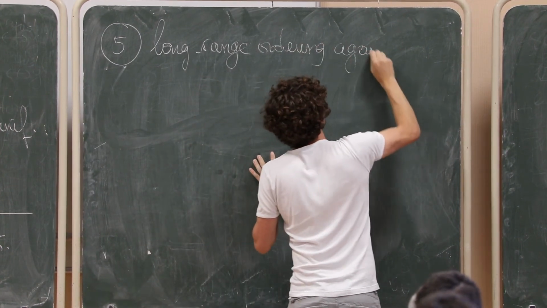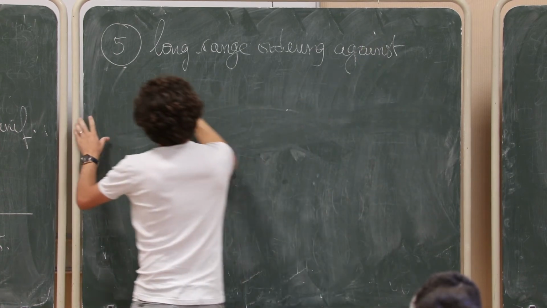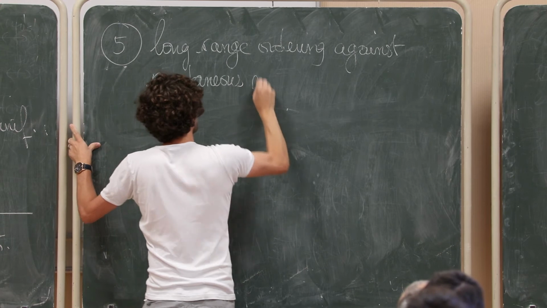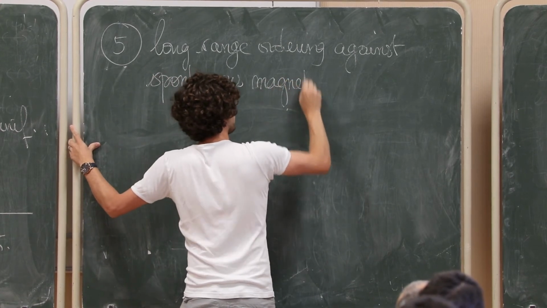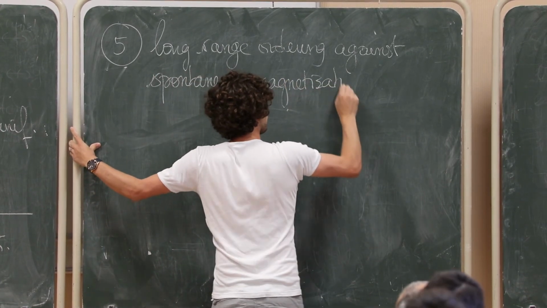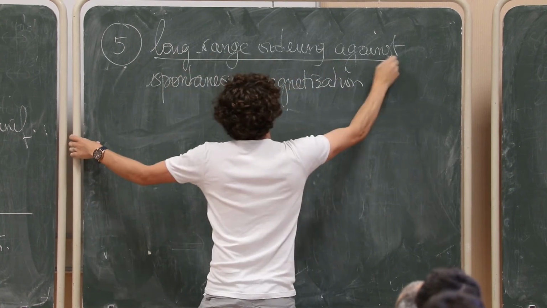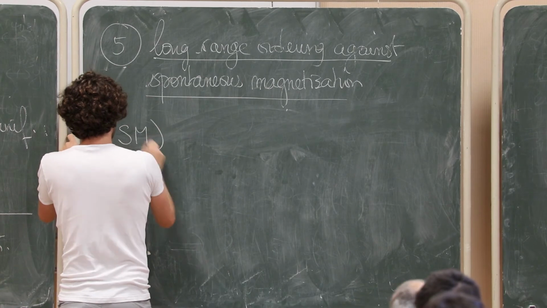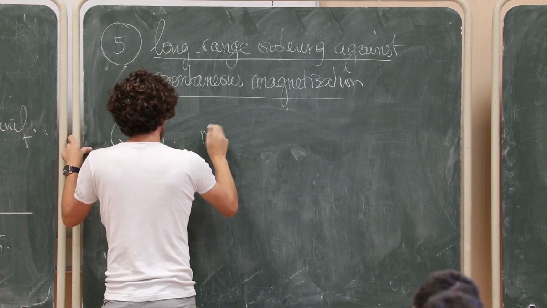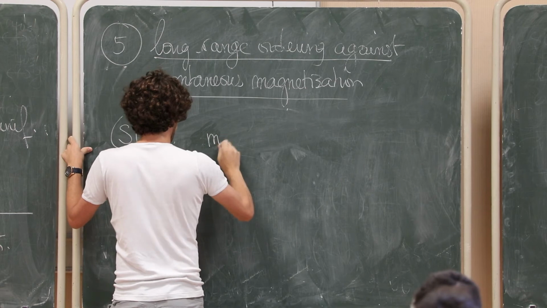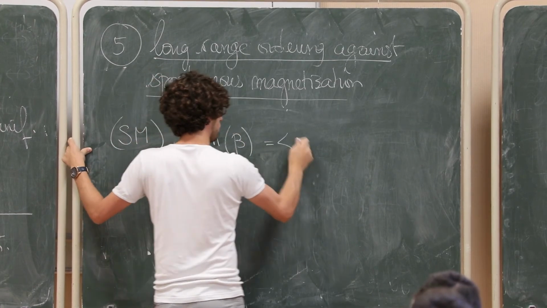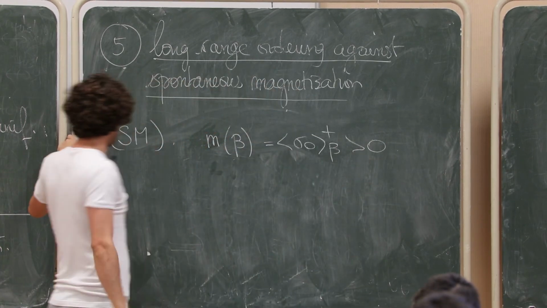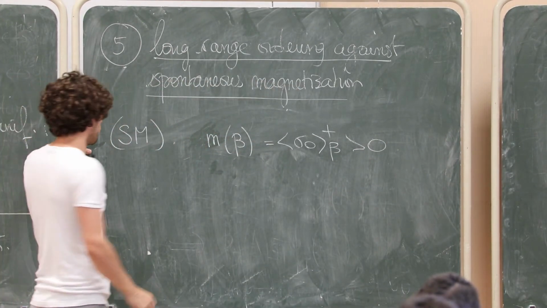So long-range ordering against spontaneous magnetization. Spontaneous magnetization is going to be the property that m of beta, which is just the average of sigma 0 under plus beta, is strictly positive. That will be my spontaneous magnetization property.